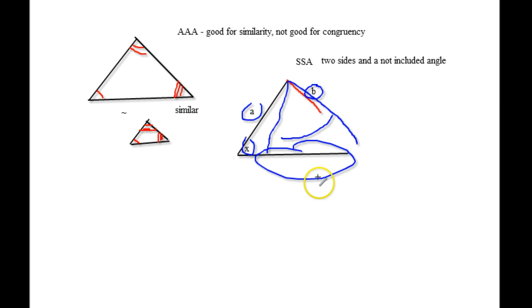And these two triangles would look like this, or this. And this is the difficult part about this, and this actually comes up in trigonometry quite a bit.